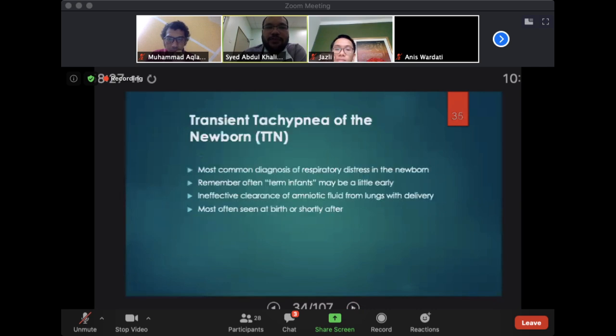Okay, we've discussed about this. TTN, as mentioned before, is the commonest diagnosis of respiratory distress in the newborn. Transient tachypnea of newborn is because of the ineffective clearance of amniotic fluid from the lung with delivery, usually within 4 hours saja. It shouldn't go beyond 4 hours. Kalau beyond 4 hours ni, most likely it's not transient tachypnea of newborn.